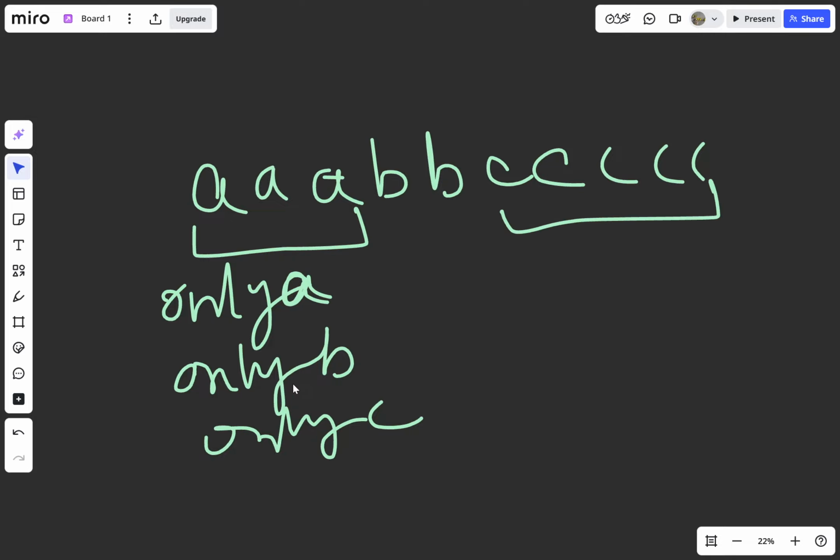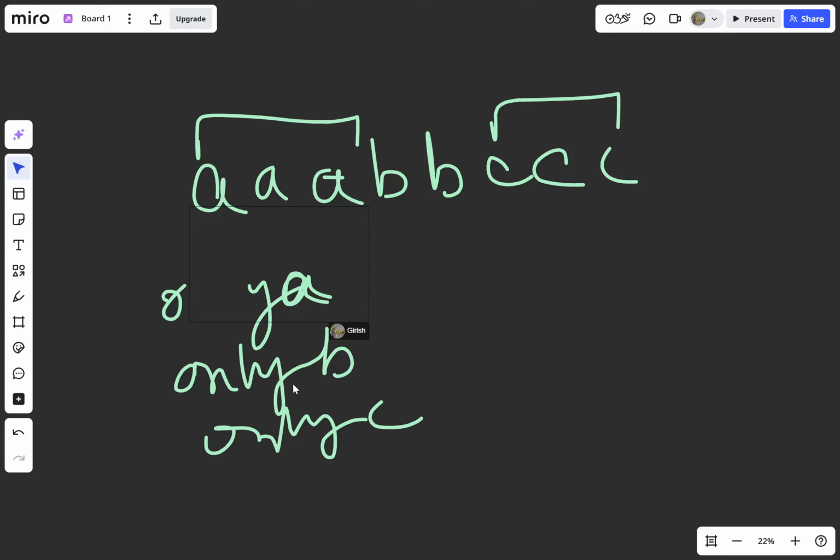Now this can be the longest substring. But on the other hand, if we consider A and B both, we can get this as the longest substring, because the A count is 2 and the B count is also 2 here.